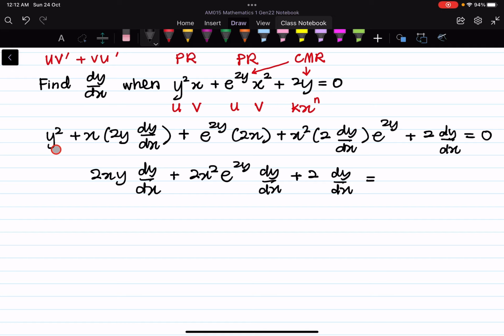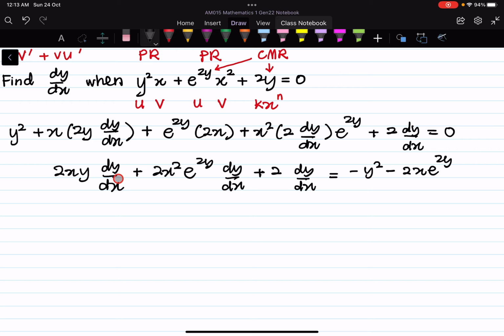So this one is negative y squared, and this term is going to be negative 2x e to the power 2y.